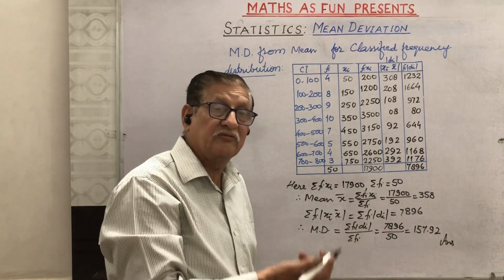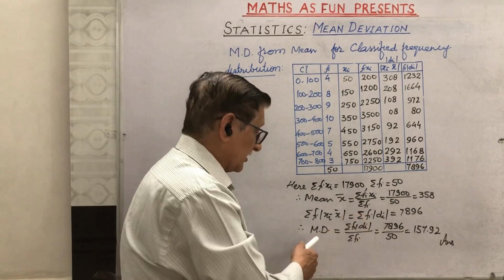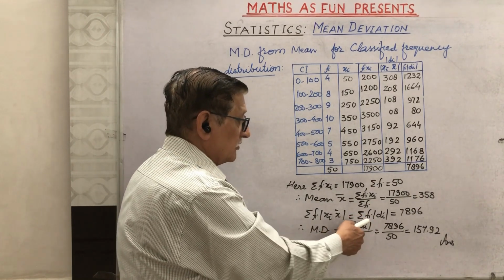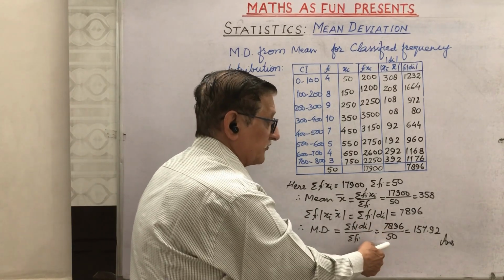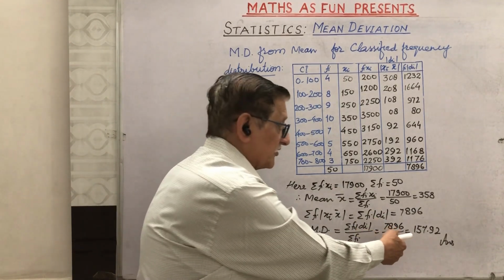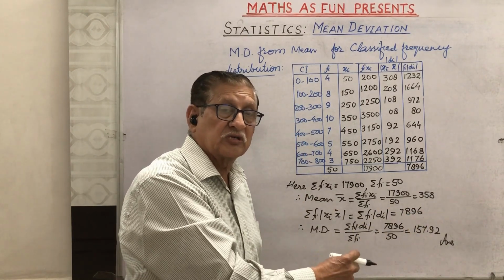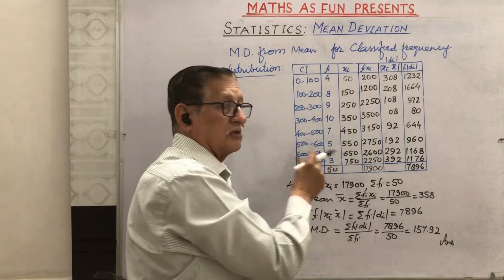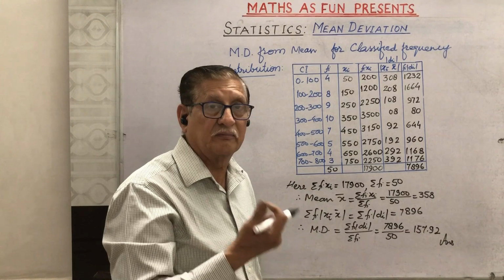And then the mean deviation is the mean of these deviations, that is sigma fi di upon sigma fi, that is 7896 upon 50, which comes as 157.92. This is the mean deviation of this particular data. Either we say only mean deviation or we call it mean deviation from mean.